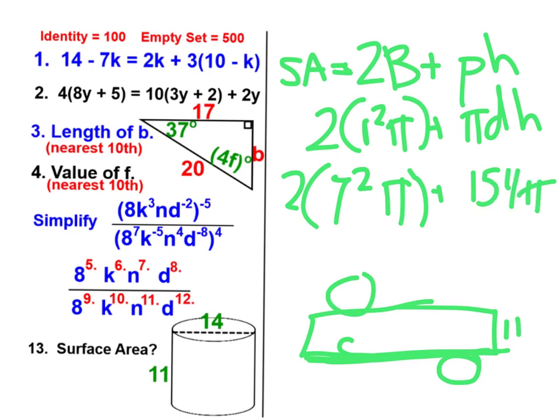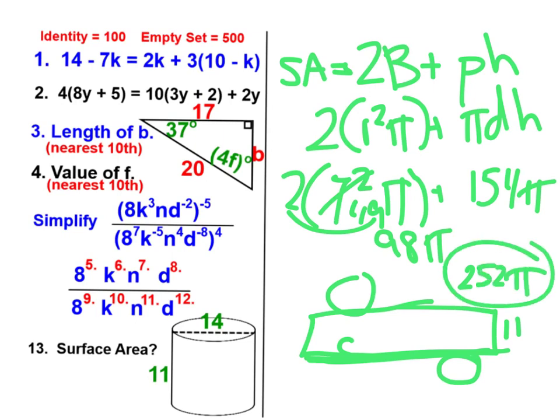And this is why it's sometimes easy to use pi notation, because if I did this, 7 squared is 49, 2 times 49 is 98, so I'd have 98 pi plus 154 pi, which of course equals 252 pi, and now we can just multiply those, which gets our answer of 791.28, and that would be, of course, units squared.